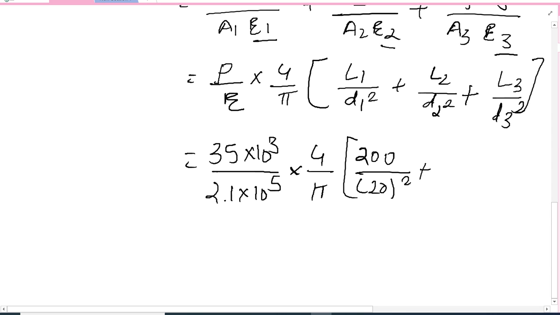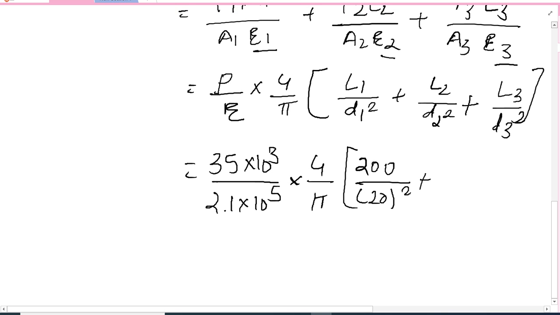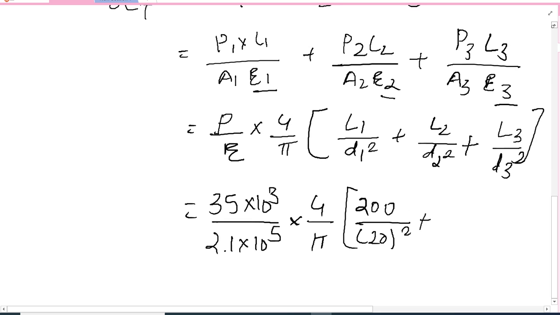Now you need to remember that if on any section the load is compressive, then instead of plus it will come minus. We already have seen the sign conventions. That means if the loads are pulling the element, then we use plus because the length will increase.